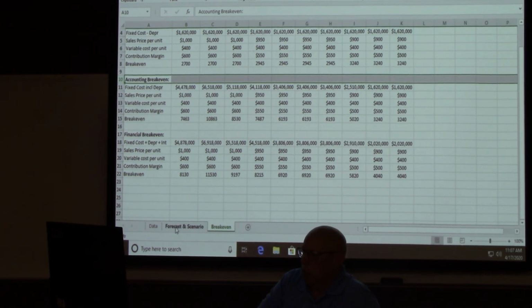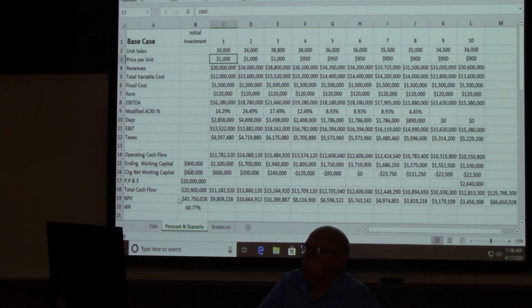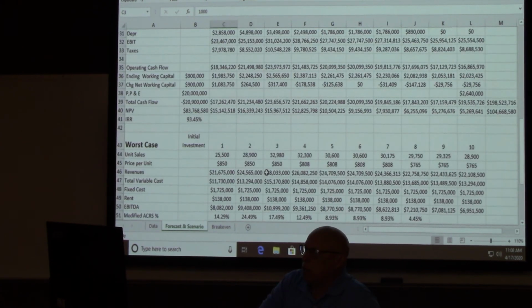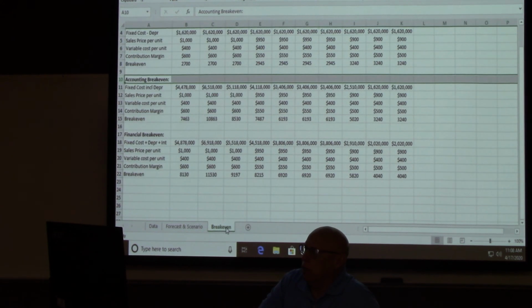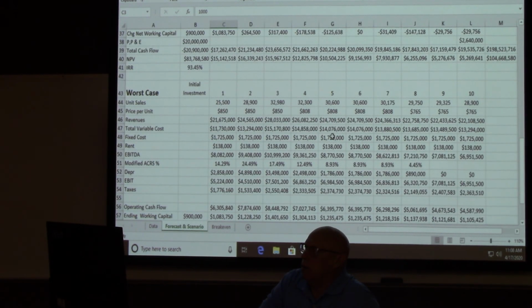Okay, so there are your 3 break-even analyses, and we're far above break-even in terms of our forecast. Even our worst-case forecast, we're still way above break-even. So the break-even under the worst-case scenario is 11,530 units there.